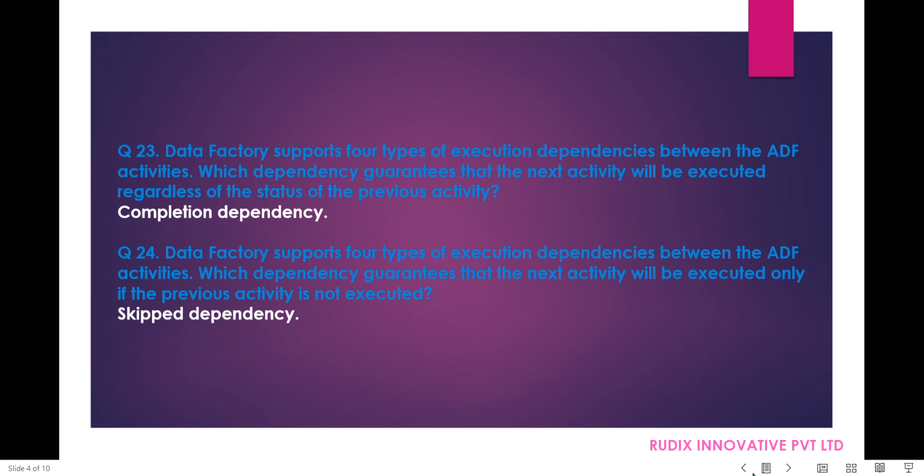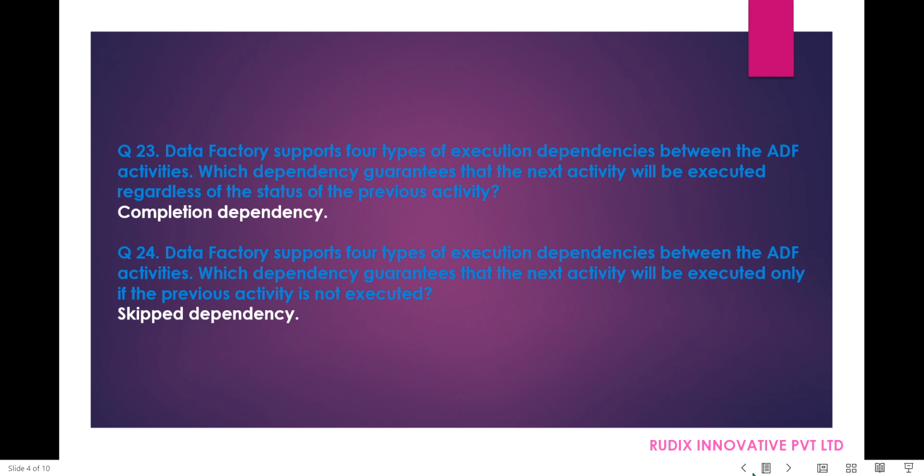It ensures that the next activity will be executed once the previous activity has finished, regardless of whether it failed or succeeded. Here the previous activity is a success or fail, we don't know the status, so we can use the completion dependency.